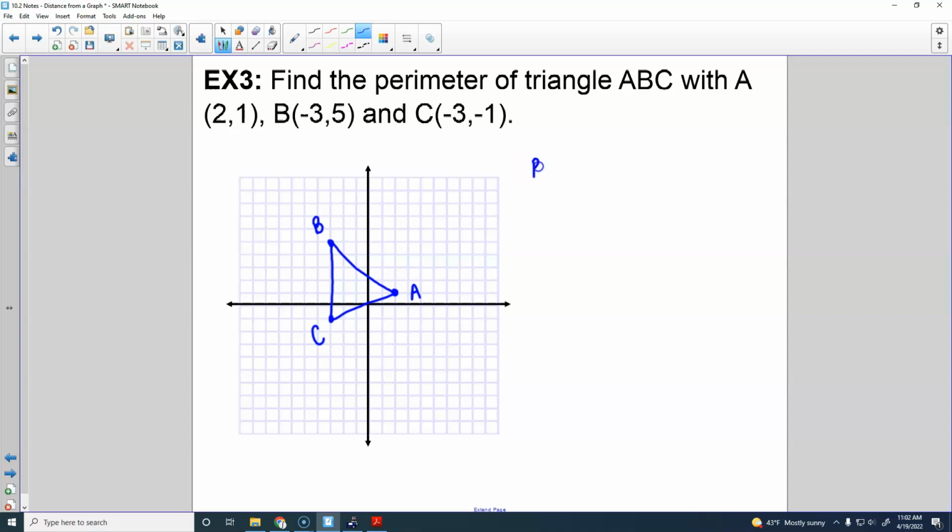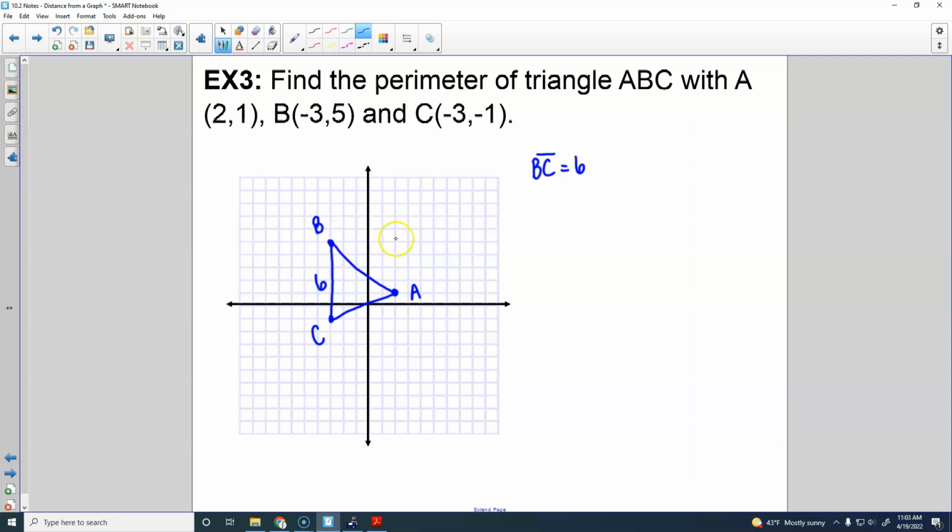BC. So side BC. It is going to have a length of, what is it going to be, Julian? 6 there. So we can just count that side. All right, so that's one of these sides. So we have to do AB and AC separately, right?